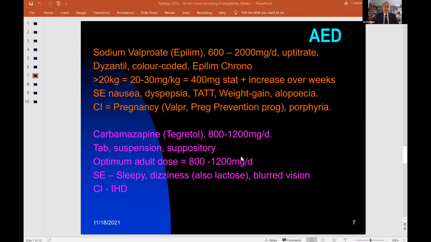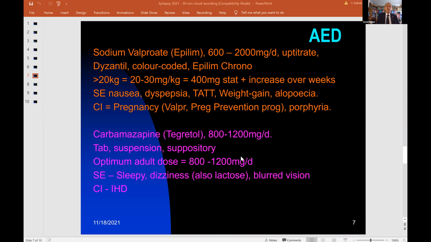Obviously, the treatment starts early, but usually the organized treatment is introduced with the second attack. And there are some preferred medications in the NHS, which are first-line treatment of epilepsy, such as sodium valproate, also called Epilim. The usual dose for an adult could be between 600 and 2000 milligrams per day, but it is generally up-titrated from a smaller dose.